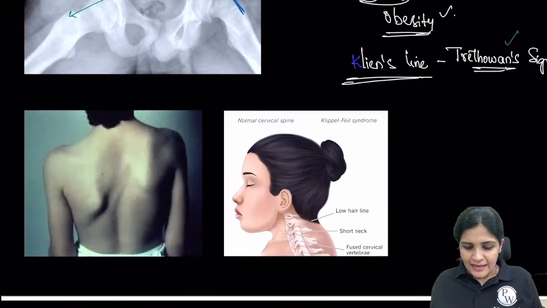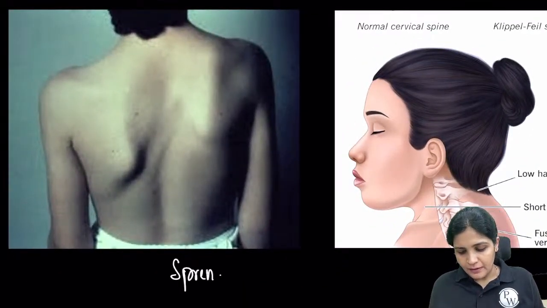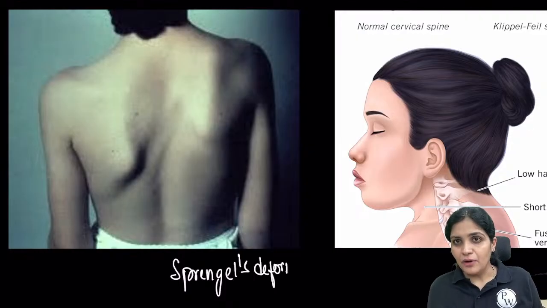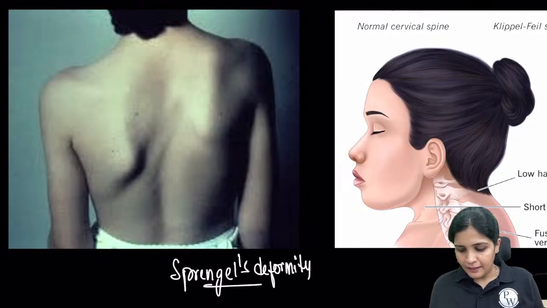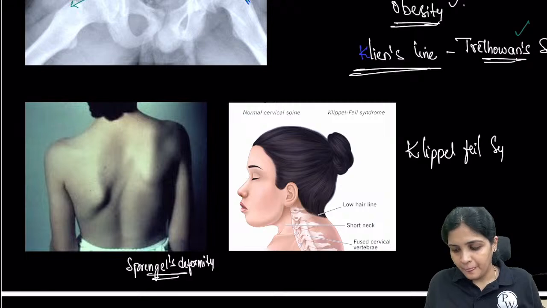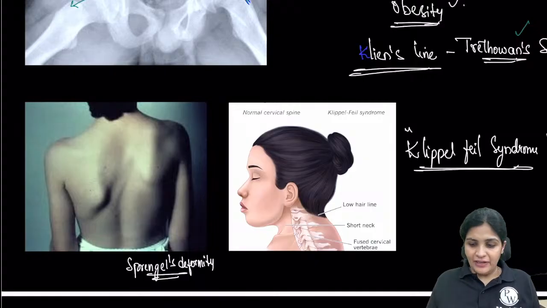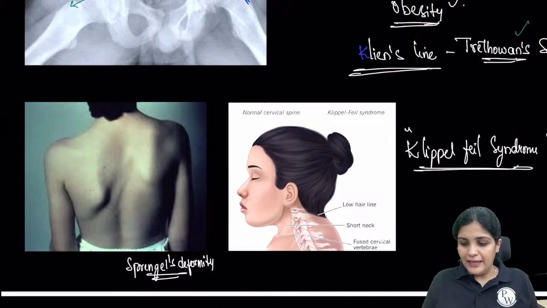And what is this deformity? This is Sprengel's deformity, and this is the long thoracic nerve. This is Klippel-Feil syndrome. These two are important syndromes they might ask. What is Klippel-Feil?